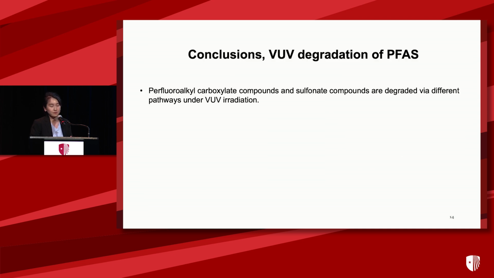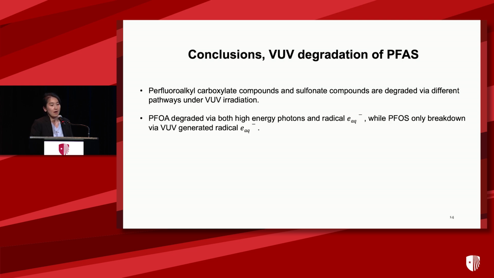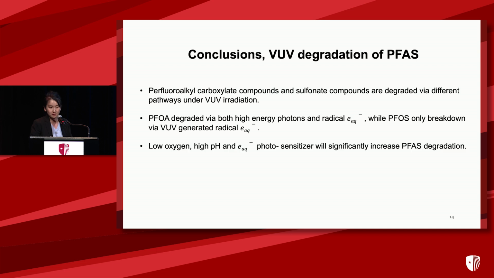So the conclusion for this project is that carboxylate compounds and sulfonic compounds degrade through different pathways under vacuum UV. PFOA degrades through both high-energy photons and radicals, hydrated electrons. However, PFOS only breaks down through the vacuum UV generated hydrated electrons.